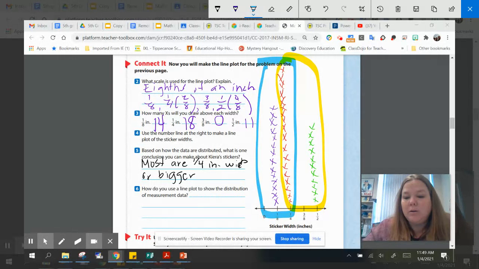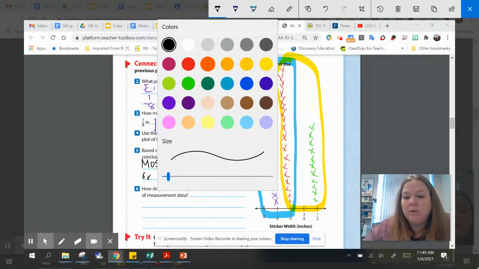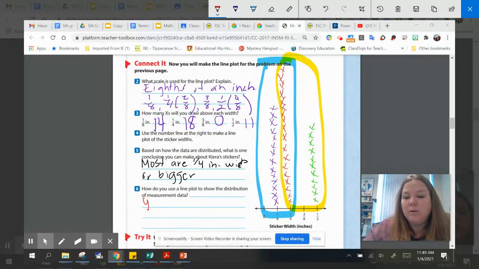Number 6 is how do you use a line plot to show the distribution and measurement of data? And you group data from least to greatest. So we went from 0 to a 1/2 inch. And then it tells us right here, sticker width 1 inch.